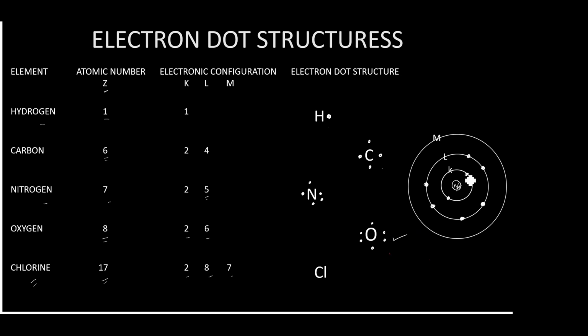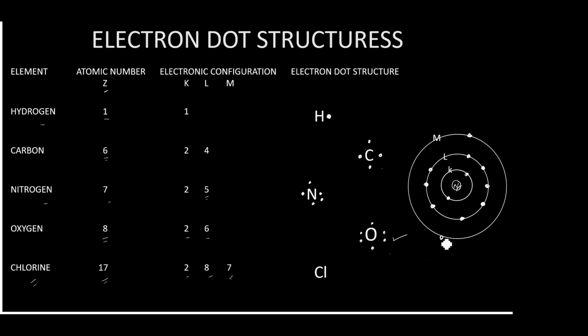So the K shell contains 2 electrons here, and the L shell contains 8 electrons. Then there are 7 electrons in the outermost shell.